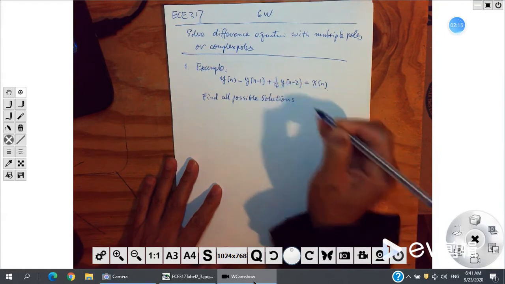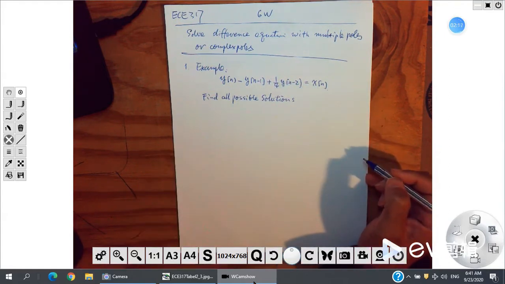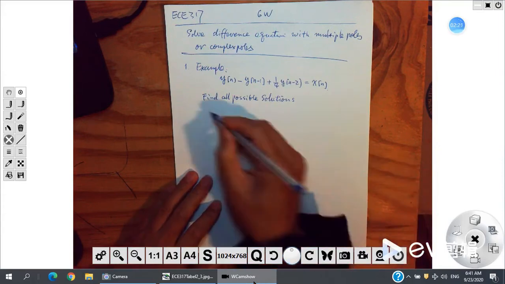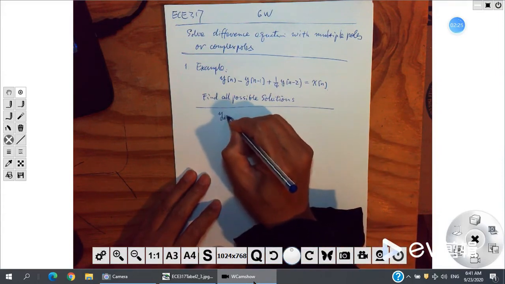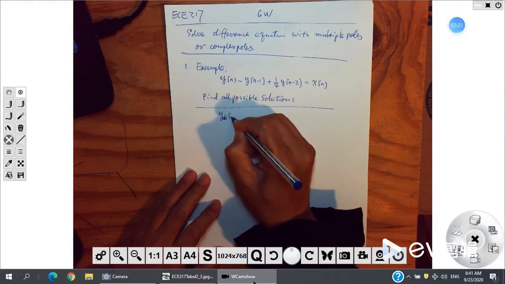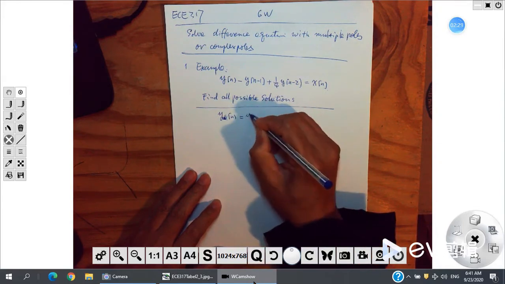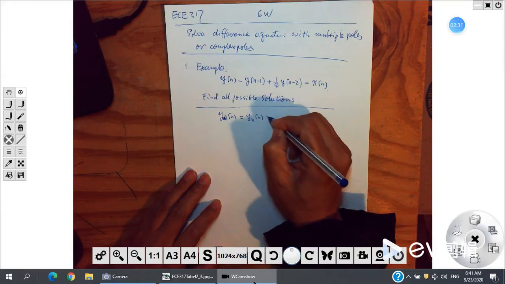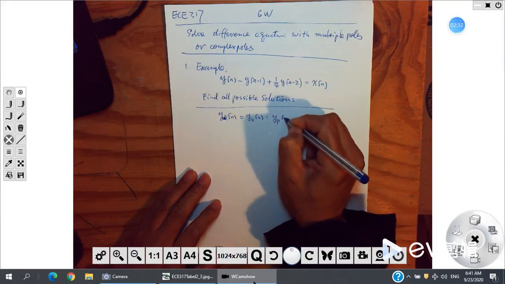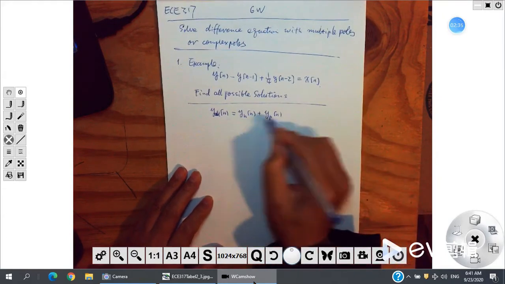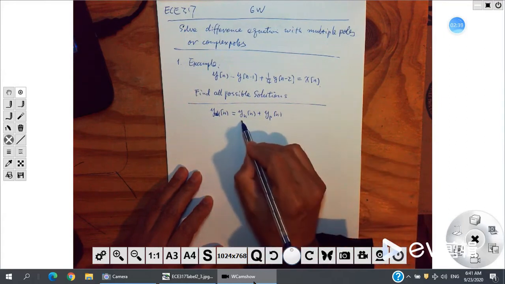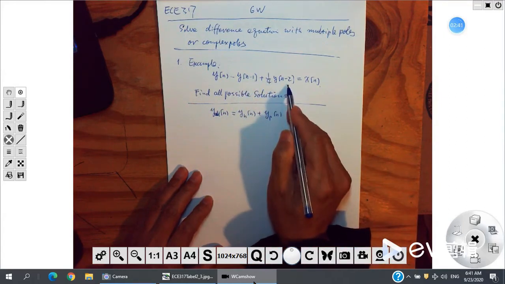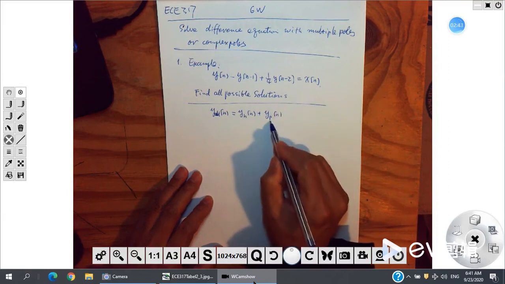Actually we know y of n should be yh of n plus yp of n. So we need to find these two. yh is a solution of the homogeneous equation, and yp is a particular solution.